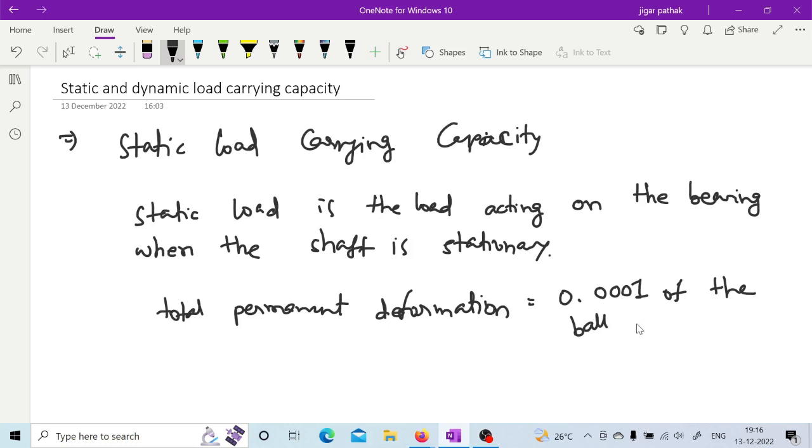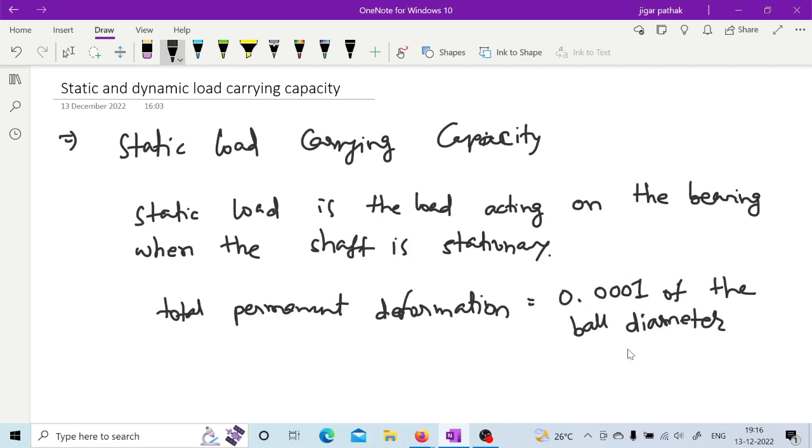So in a ball bearing, the total permanent deformation allowed due to the static load is in the range of 0.0001 of the ball diameter.